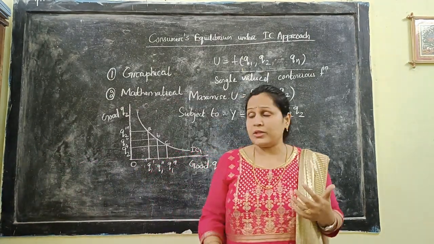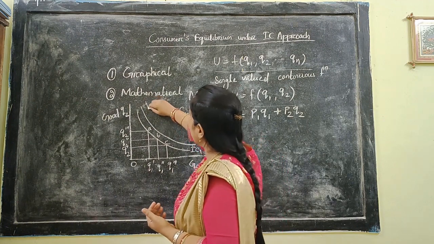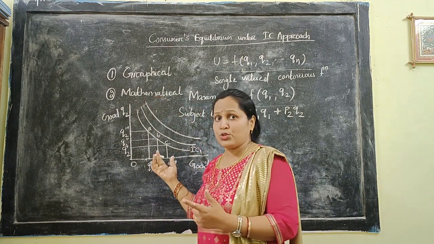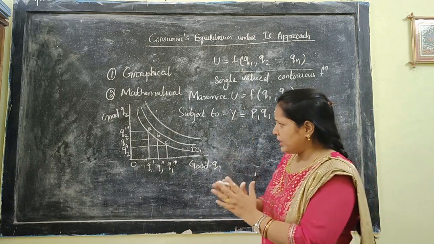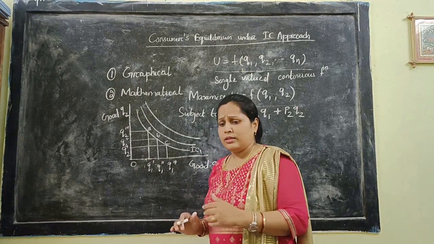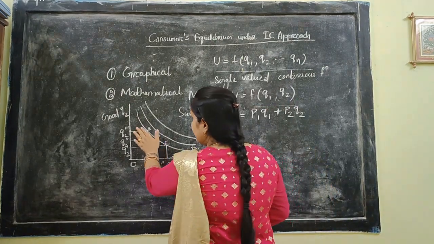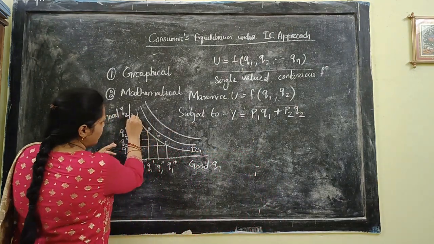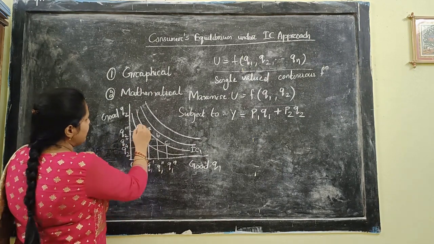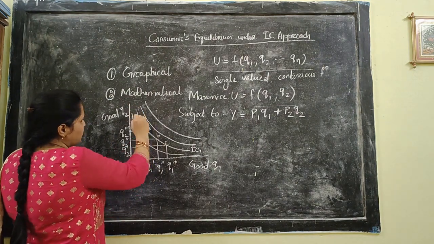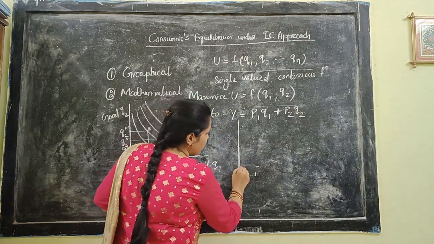There are other properties also: as I move to higher indifference curves, they give a higher level of satisfaction to the consumer, right? All these indifference curves taken together are called the indifference map. Then coming to the budget line, let me draw it again in another graph.